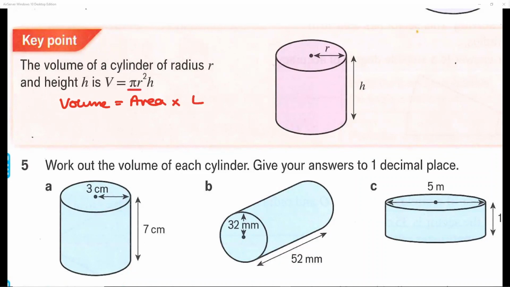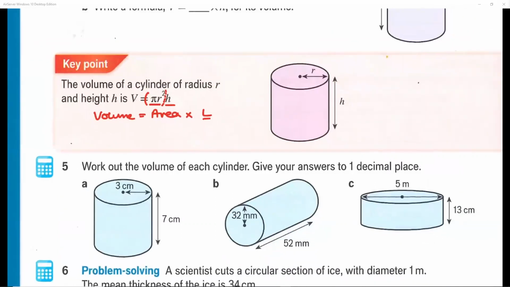So this is the area part and the height corresponds to the length. Okay, how long it is, how tall it is. That's the general formula. You could replace this pi r squared with base times height divided by 2 if it's a triangular prism, and so on, depending what kind of 3D shape it is.